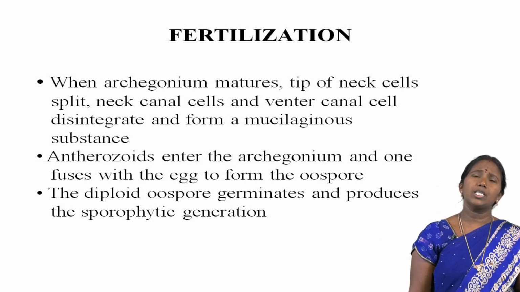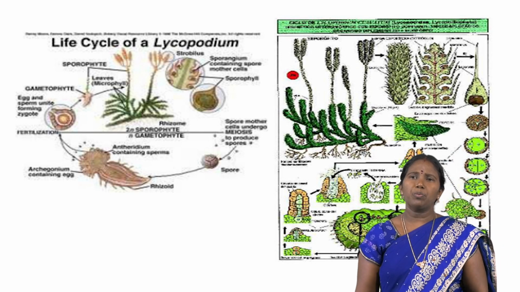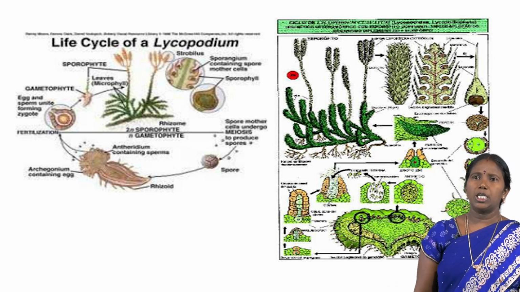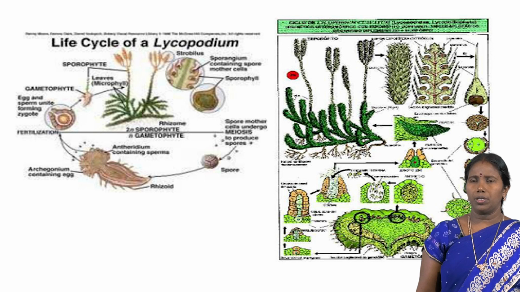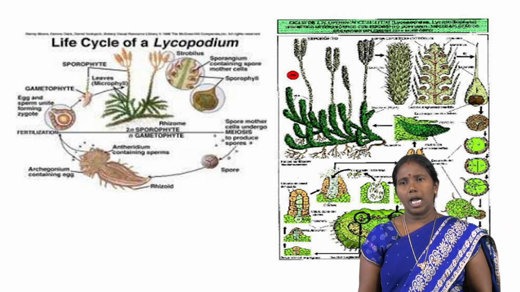This slide shows the life cycle of Lycopodium. The uppermost layer is the sporophytic condition, that is diploid in nature, and the lower portion is the gametophytic condition, that is haploid.